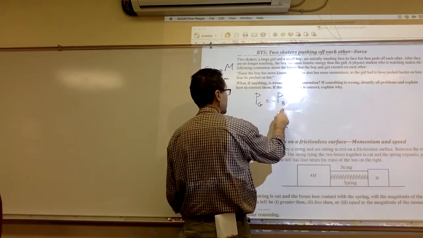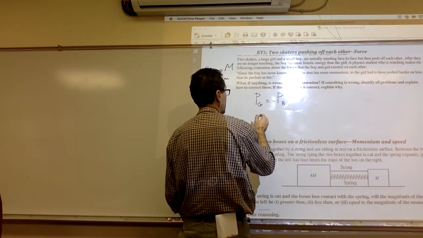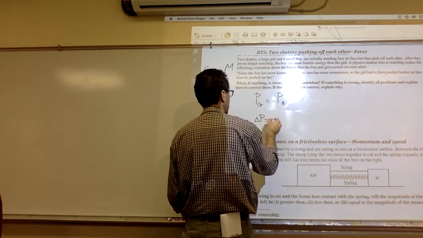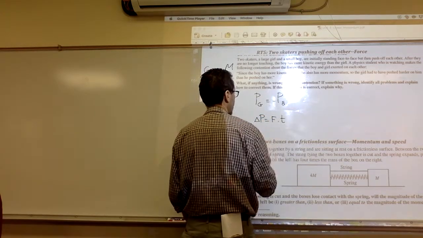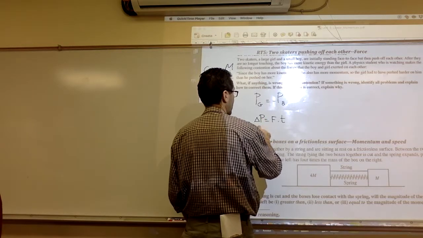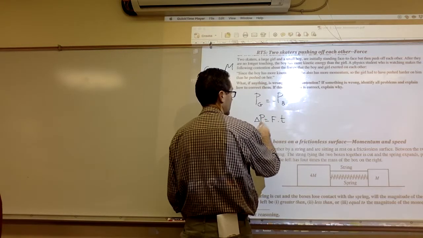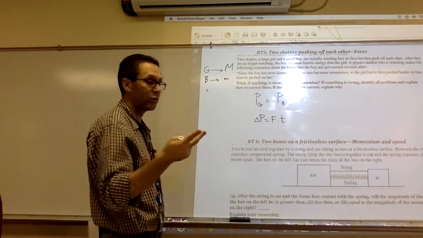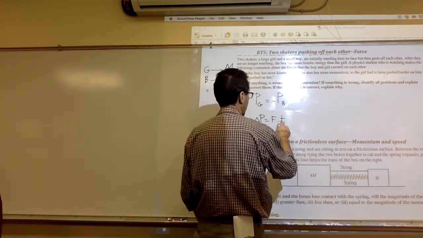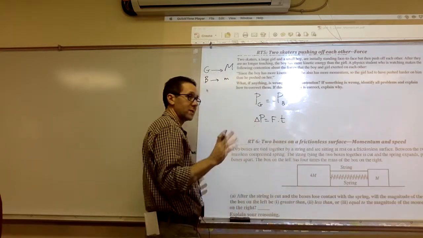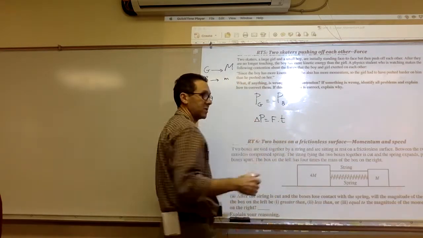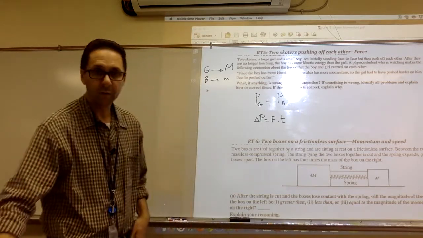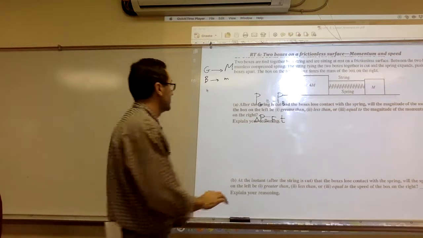So since the change in momentum is F times t, they have the same change in momentum because they went from 0 to some amount of momentum that's equal to both of them. The time of the push was the same for both of them, so the force had to be the same. But I think it's easier to explain it with Newton's third law. It's much quicker. Okay.